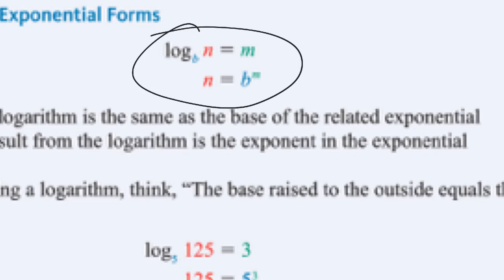The only thing I would do different about this is when I rewrite logs, I tend to keep the power on the left-hand side. So what I usually do is I make that B big, and then I switch the M and the N, and I don't put the power on the other side. It's just something I prefer.